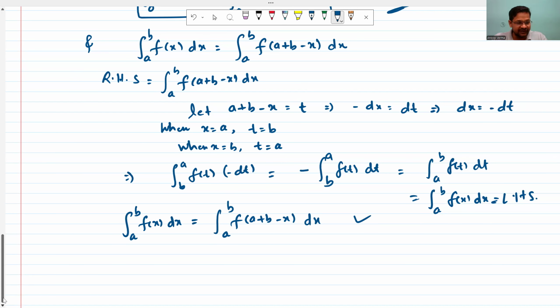Now property 5 depends on whether the function is odd or even. That will depend on whether the function is even or odd.